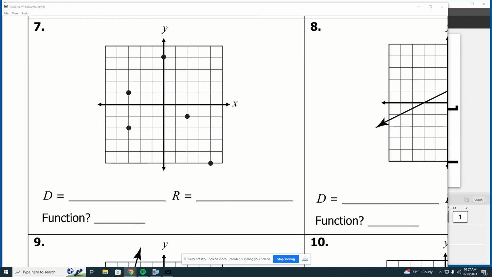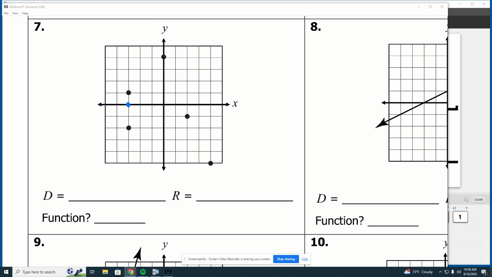Now, on number 7, if you struggle with this at all, I would recommend you just go write all the ordered pairs. But what I like to do is, for x, I just like to scroll across the x-axis and write all the values that I see a dot, either above or below it. So like, for example, if I start right here, isn't this the first place you see a point above it?